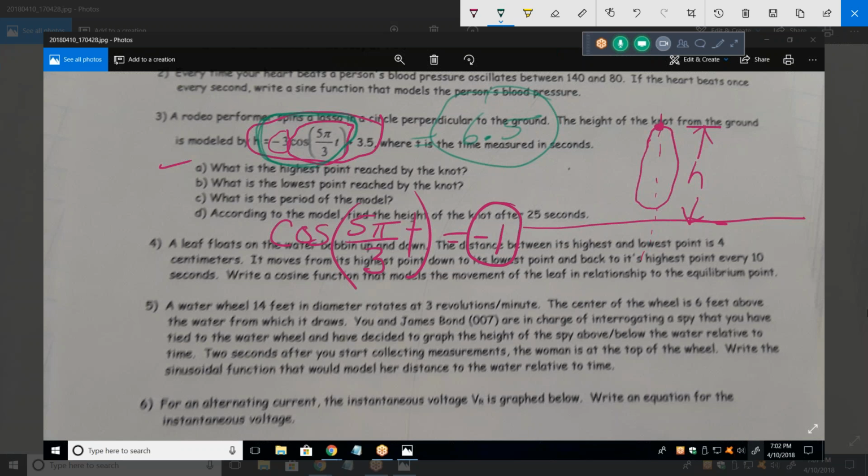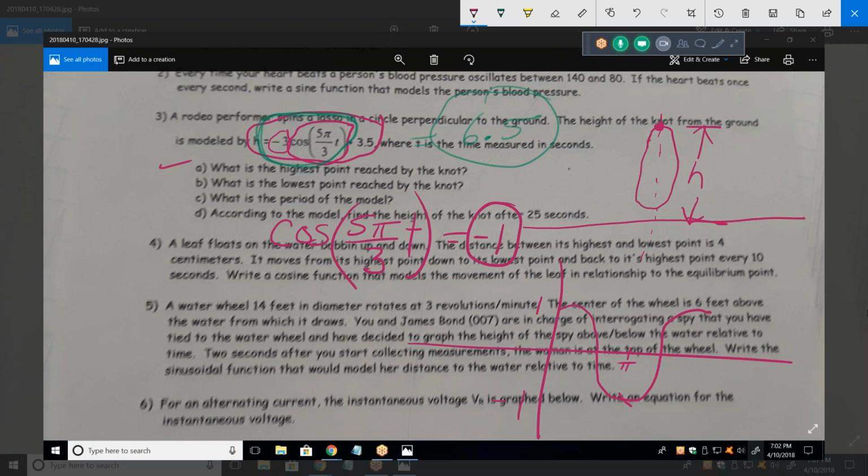Okay, so you really kind of have to understand your cosine curve here. This is one of the most important things you can remember. That's 1, that's minus 1, and that comes at pi.